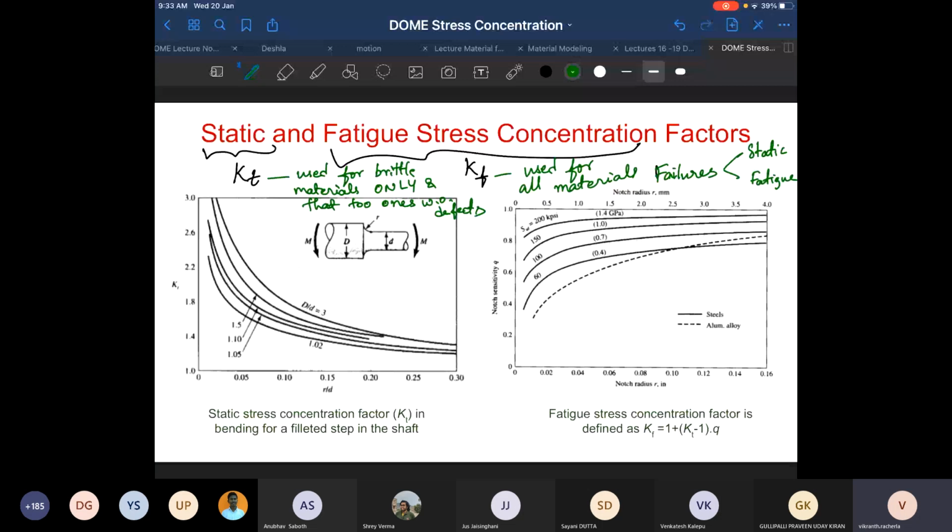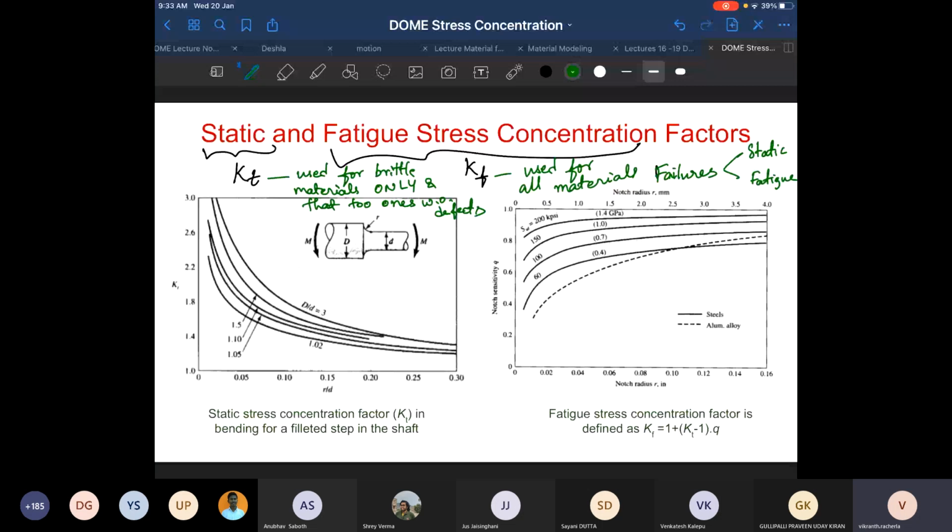That is one approach. But before computers came into play and before FEM was available, people were using these kinds of graphs in order to get the static stress concentration factor.